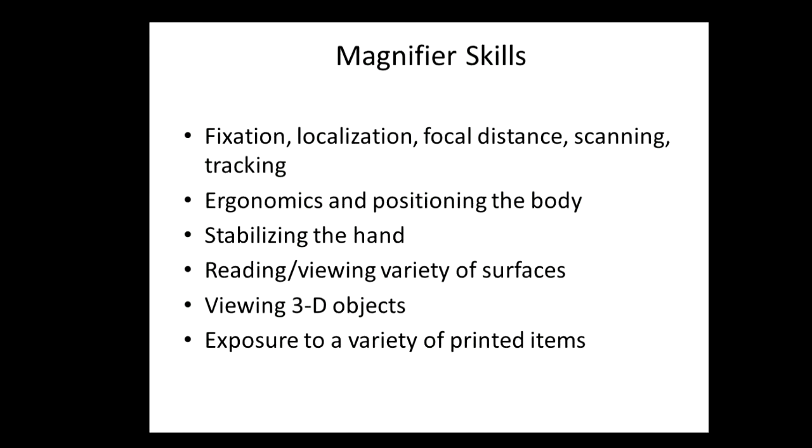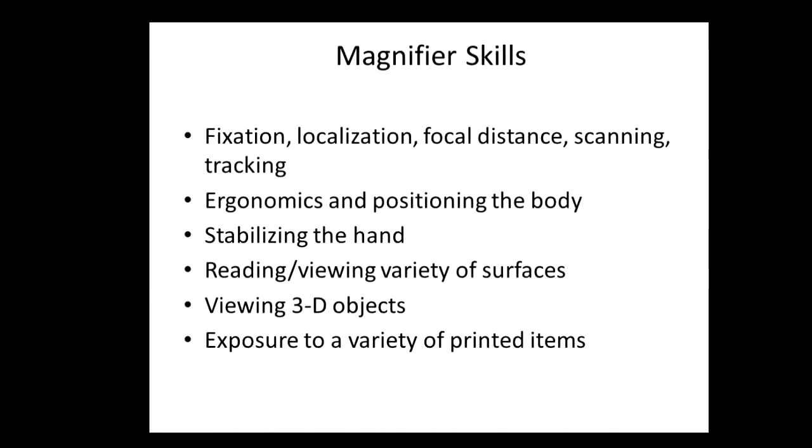So remember to make sure that your student is practicing good ergonomics and positioning of the body. So in either looking at a printed page or a book, that they're taking stress off the neck, shoulder, and arm muscles, that they have good methods for stabilizing the hand, that they're reading a variety of surfaces.